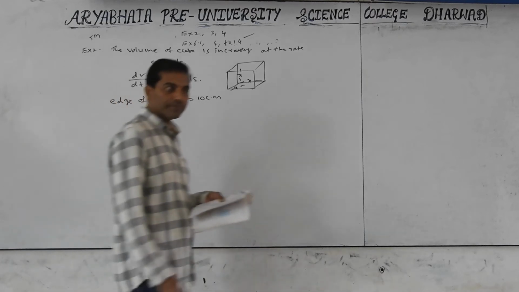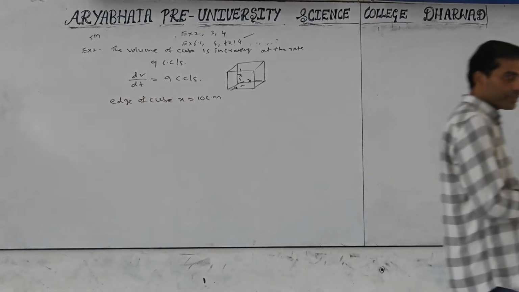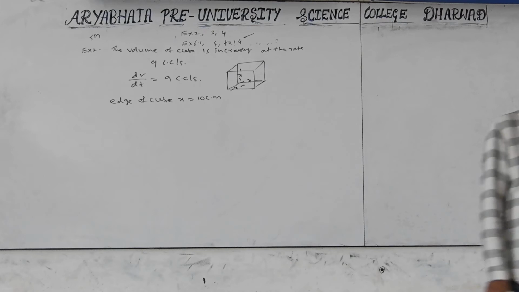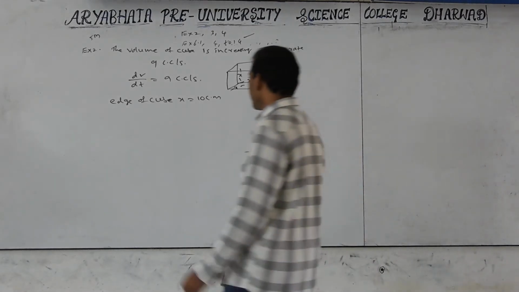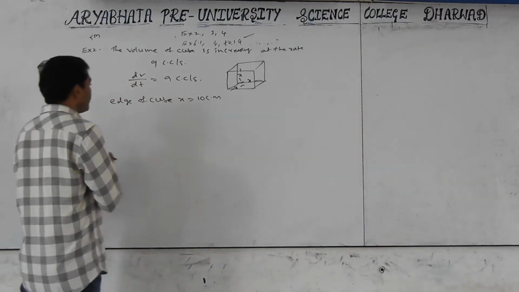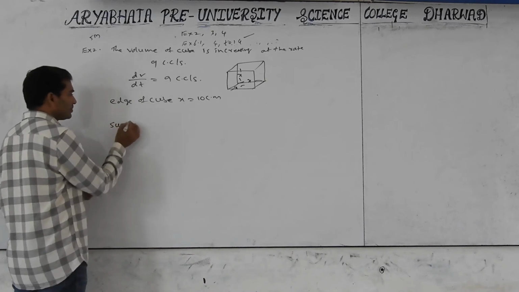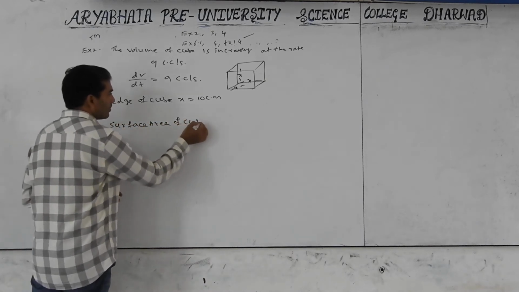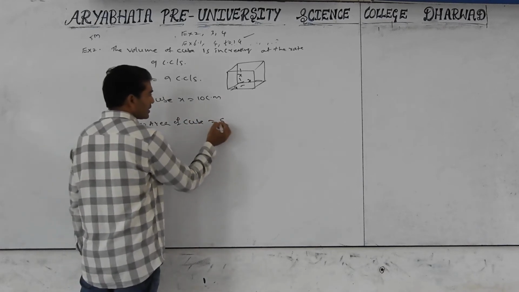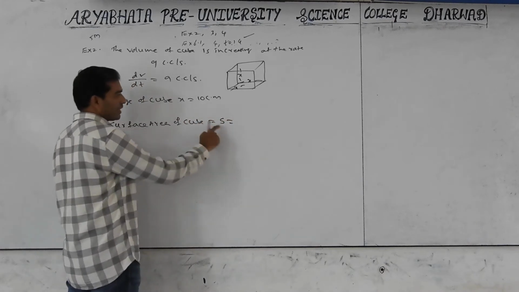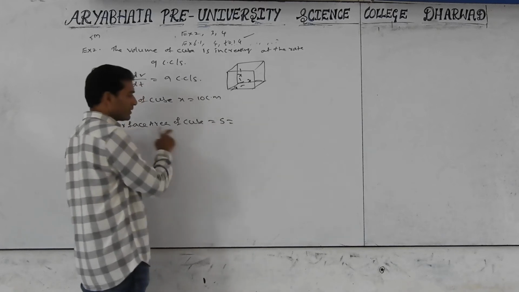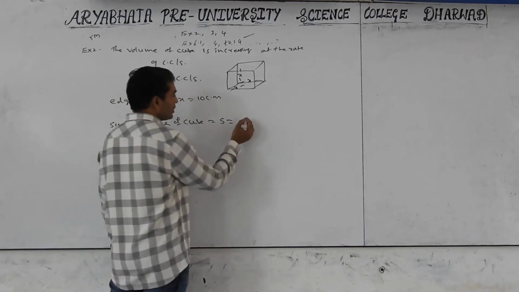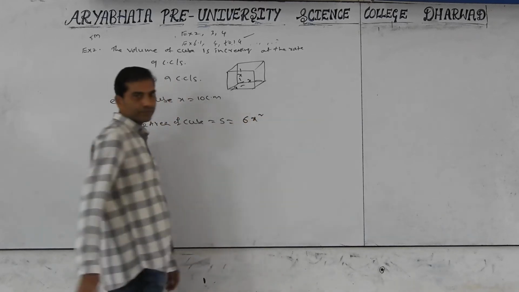The surface area of a cube, let S stand for surface area, S is equal to 6x square.